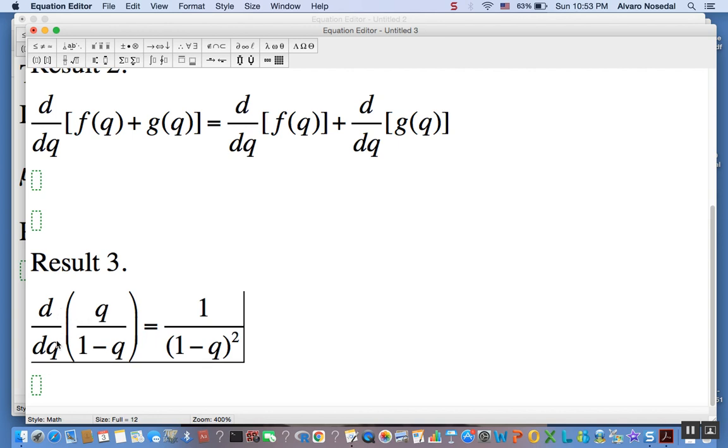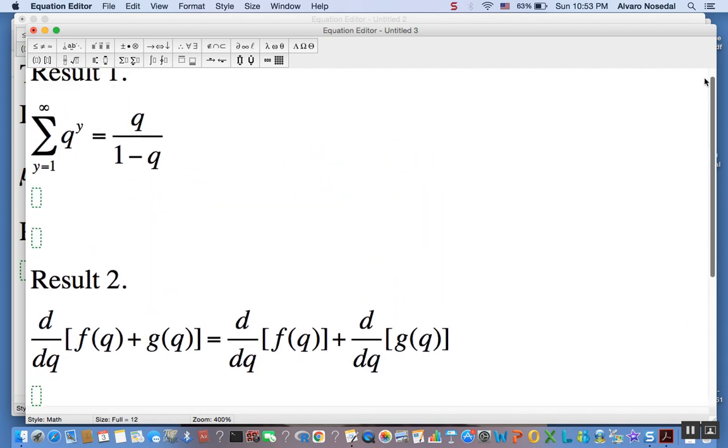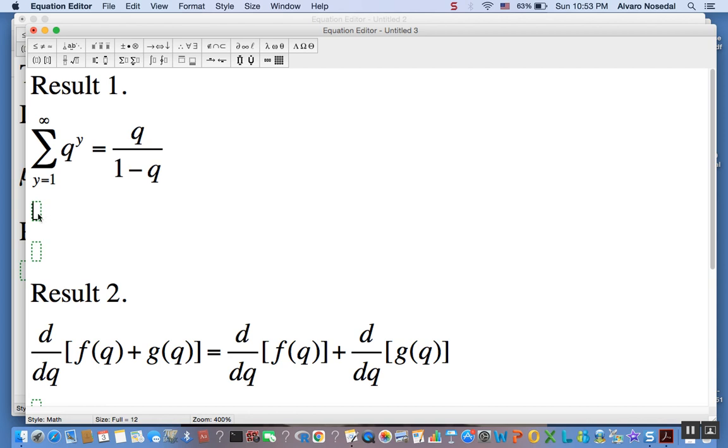The derivative with respect to q of this function q divided by 1 minus q happens to be 1 over 1 minus q squared. Again, that's just finding a derivative, and we're not going to be doing it here together. It should be easy for you to do on your own. But let's discuss in more detail the first one.